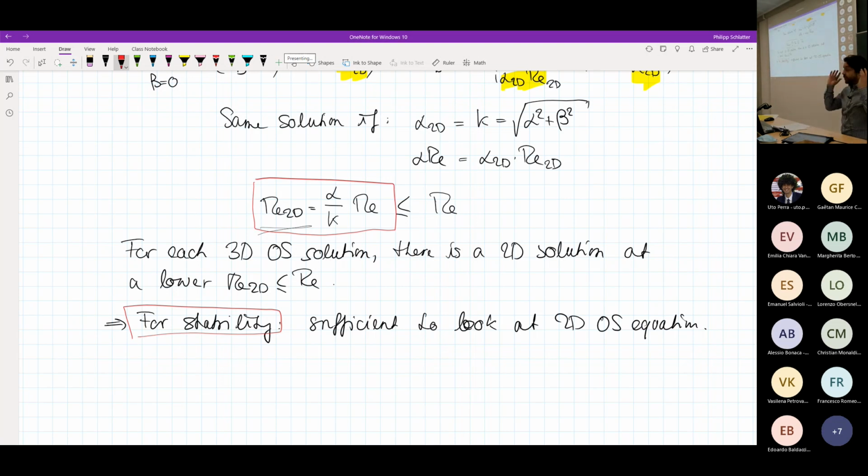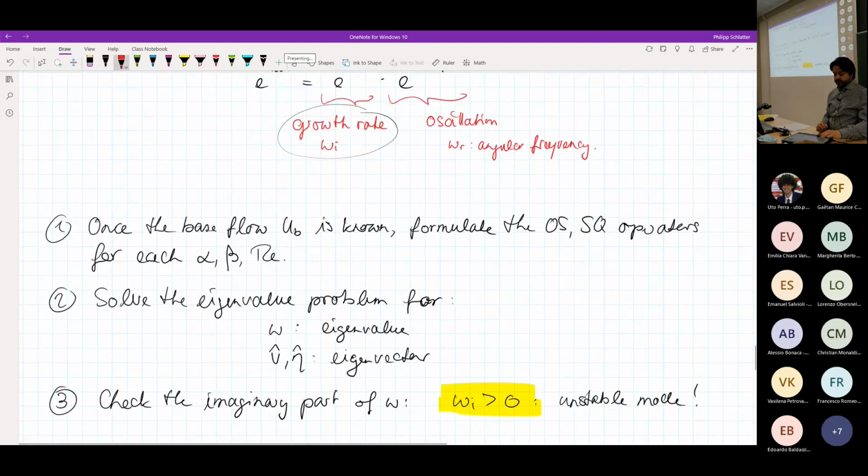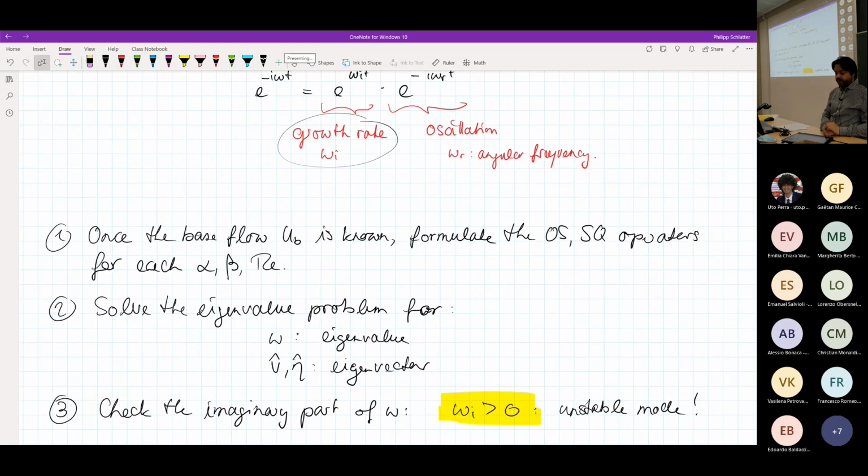Okay, so now we have a recipe of what to do. Once the base flow is known, I formulate the Sommerfeld operator for each alpha and Reynolds. I don't care about beta anymore. I don't care about the Squire equation.